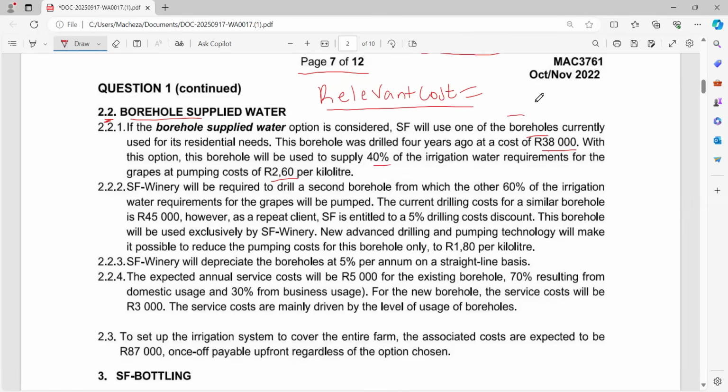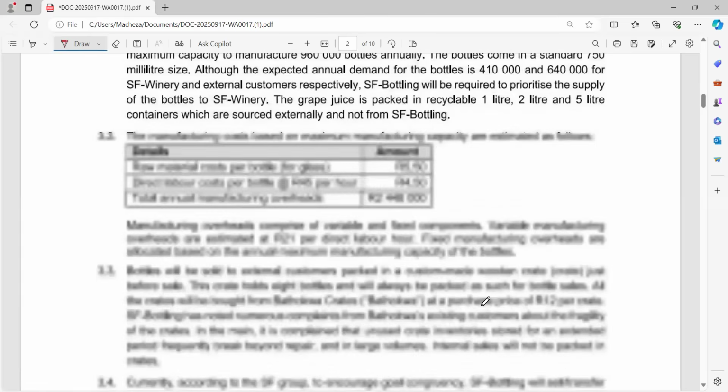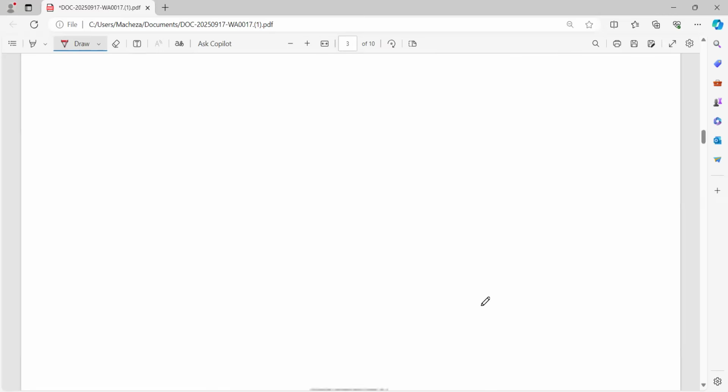Then you just say it's a sunk cost. It's a mark on itself, which means if you leave it and say it's not going to affect my answer, then you will not get that mark. So when you are doing something related to relevant costing, always make sure that you say something, even if you are not going to use that figure. You have to say something about it.